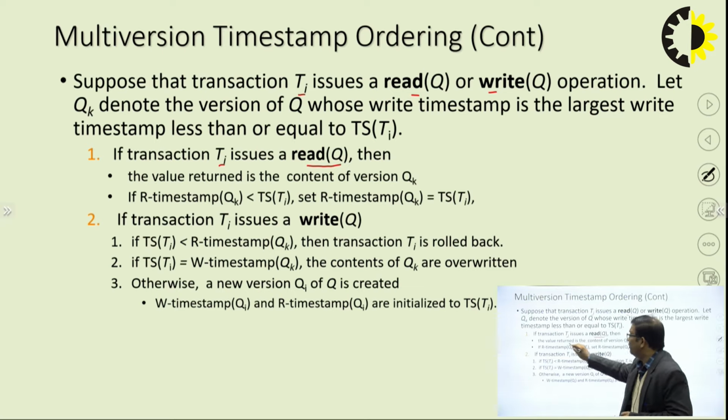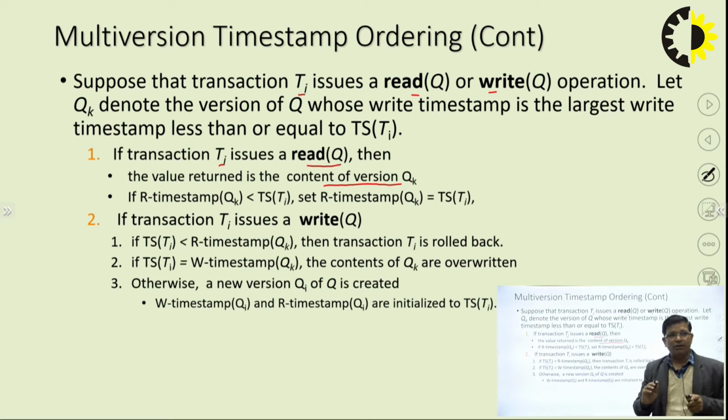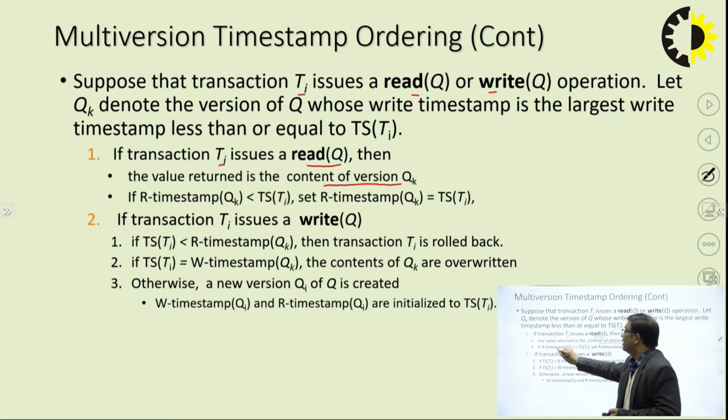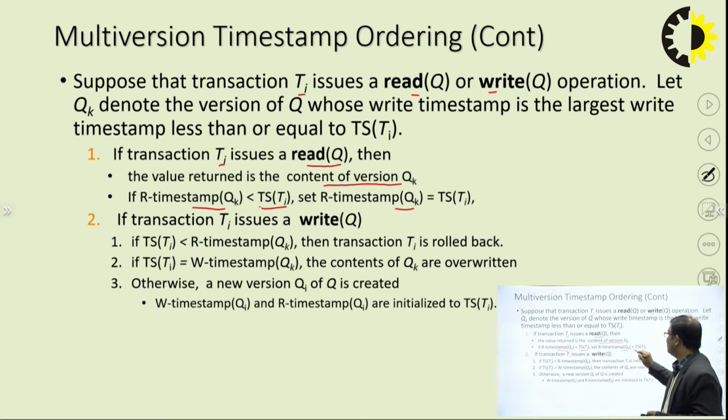So the value returned is the content of the version. It reflects the current value of Q to the user. And if the write time stamping is lesser than the time stamping of Ti, then the read time stamping is set equal to the time stamping of Ti.